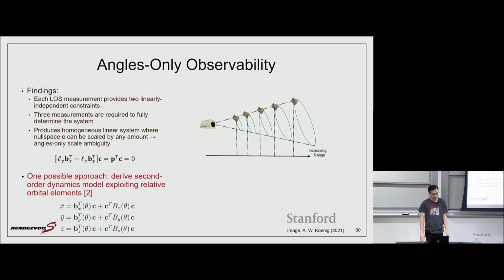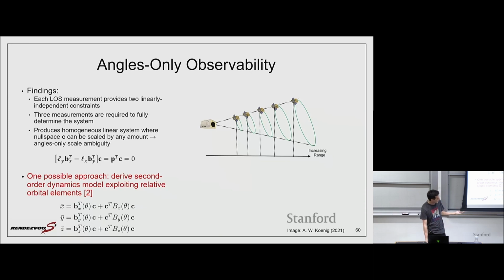One possible approach is this: previously we substituted a linear dynamics model into that system. We can instead derive a second-order dynamics model. This is something Matthew Willis did as part of his PhD in SLAB, where he took that linear mapping and added second-order terms.